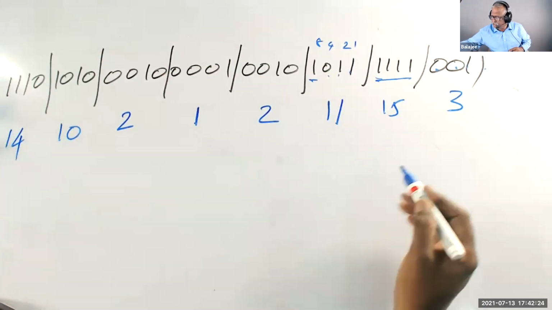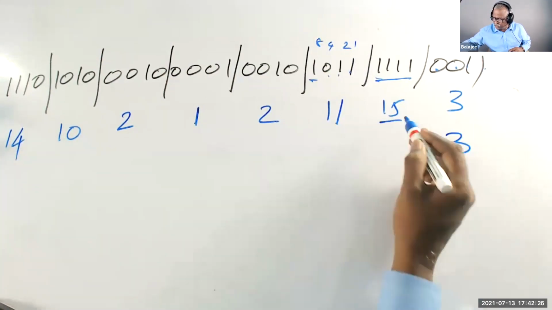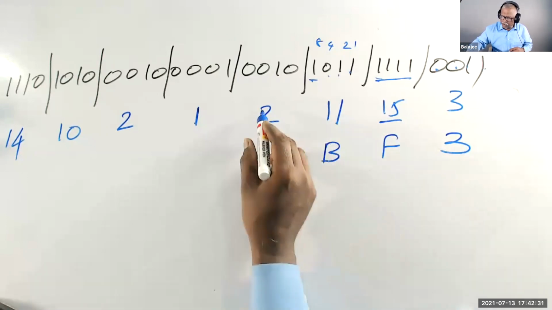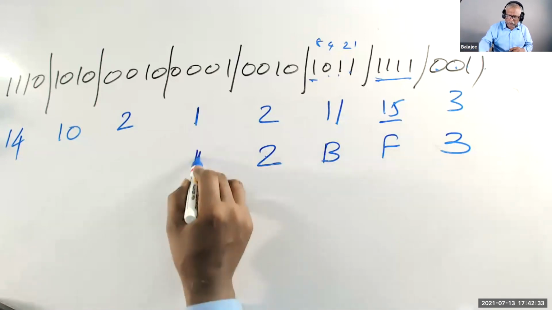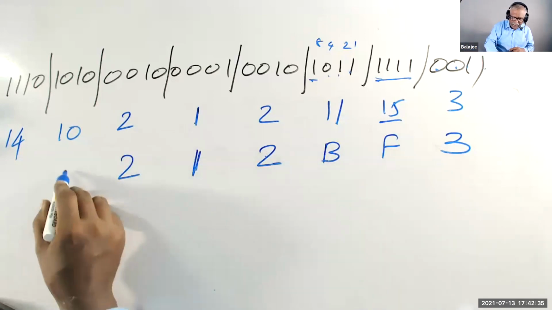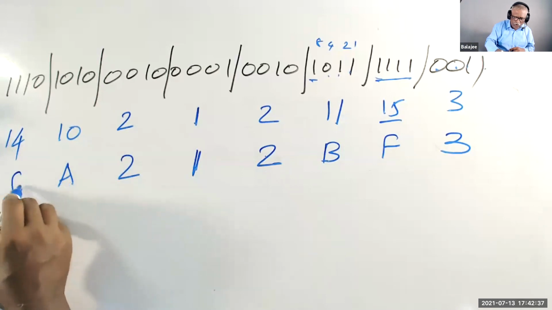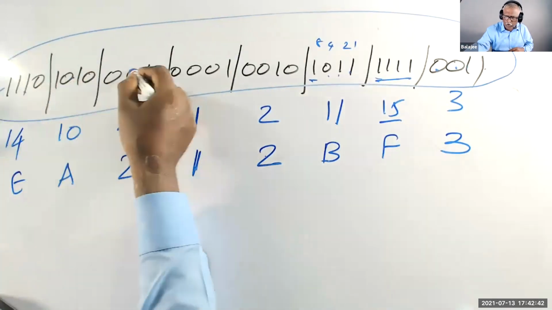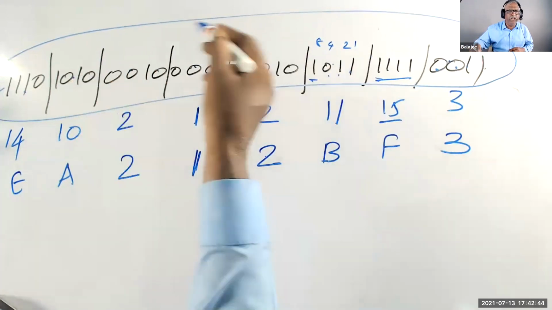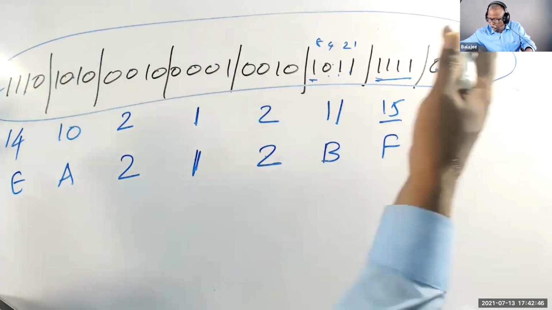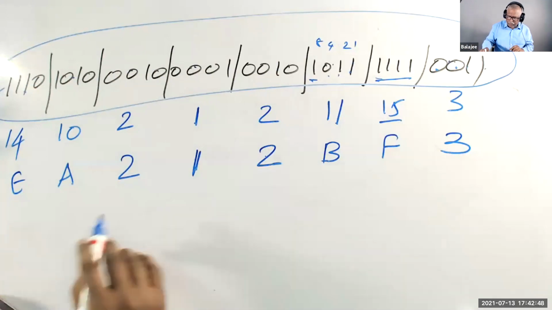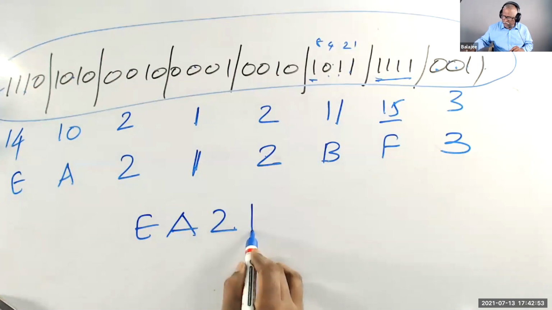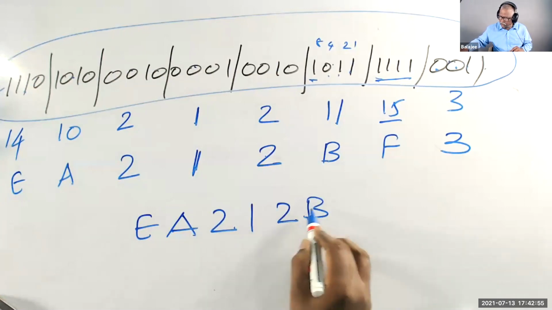How do I write it? 3 means 3 as such. 15 means F. 11 means B. 2 means 2. 1 means 1. 2 means 2. 10 means A. 14 means E. So I write such a big number. How many bits? 1, 2, 3, 4, 5, 6, 7, 8 groups. 8 into 4, 32 bits. Instead of writing 32 bits, I write it this way: E, A, 2, 1, 2, B, F, 3.